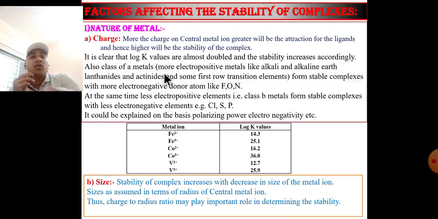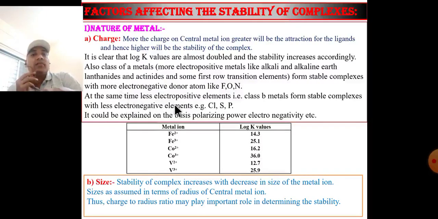It is clear that the log K value almost doubles, so the stability increases accordingly. For Fe2+ and Fe3+, the log K value is 14.3 for Fe2+ and 25 for Fe3+. When the charge increases, the log K value increases and the complex will be more stable.